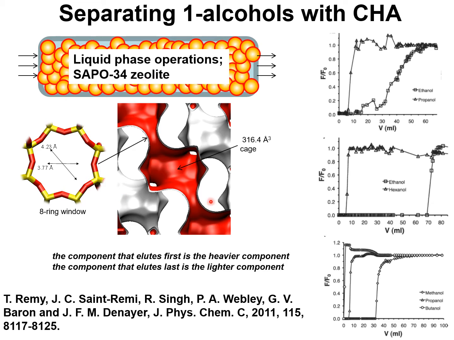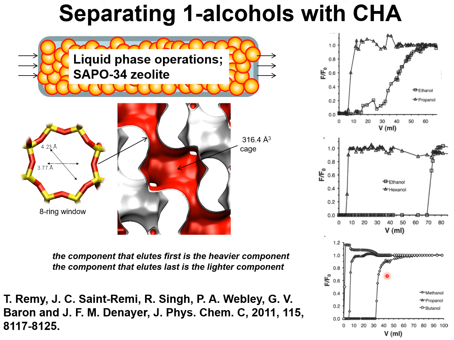SAPO34 has the same structural topology as Chabazite zeolite. It consists of cages of 316 cubic angstrom separated by 8 ring windows which have dimensions of 3.8 angstrom in this direction and 4.2 angstrom in this direction.